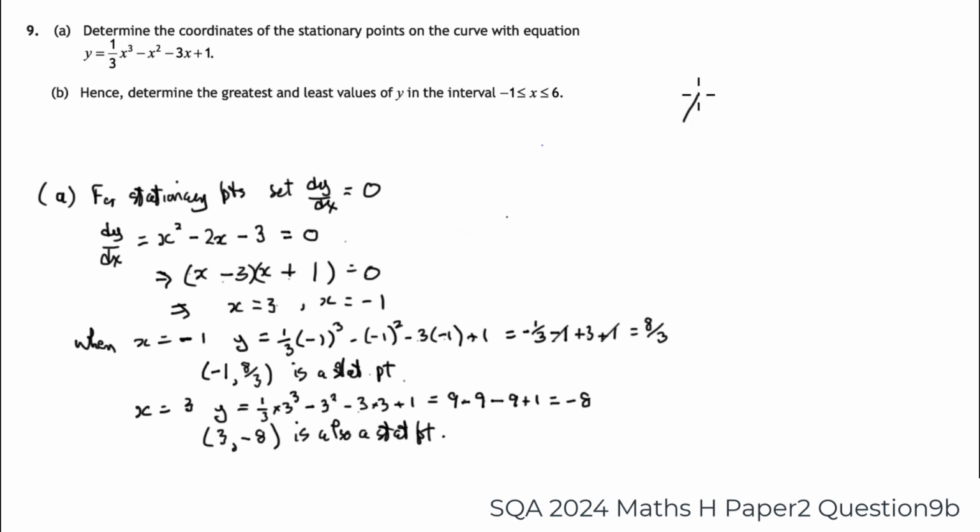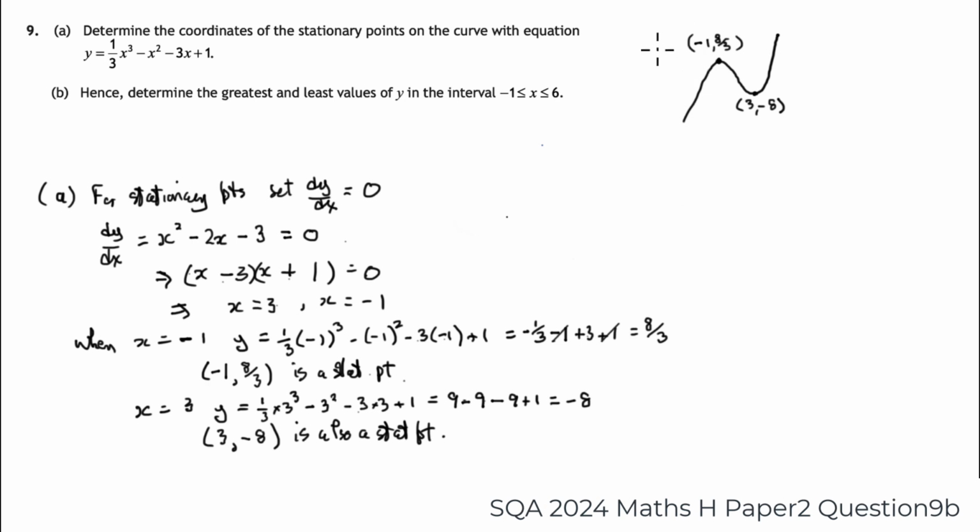So we'll probably have a typical cubic curve that looks like that. And presumably we've found this to be one of the stationary points, and this other one.